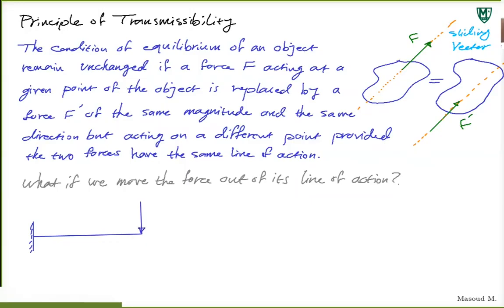Force applied to it, F. If I move this F all the way to the end, or somewhere a distance d away from where it was, because of this motion, let's say I do this.